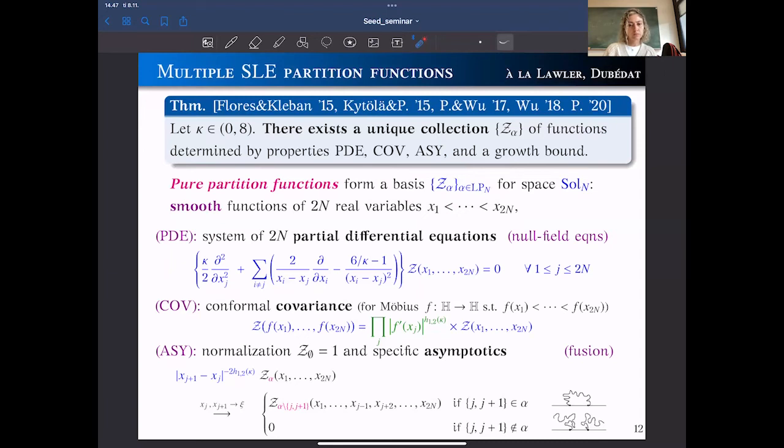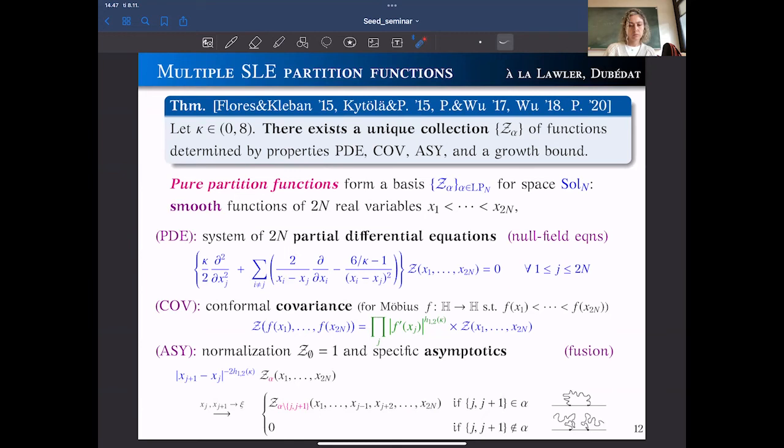And a nice basis is singled out by properties of how the functions behave when 2 of the variables go together. So it's down here. Maybe j and j plus 1 go together somewhere. You will see that these functions always blow up according to some power law. But if I remove the blow up, I will get something which has the same type of function, but where I remove the corresponding j and j plus 1 variables. Or then I might get 0, depending on my function.